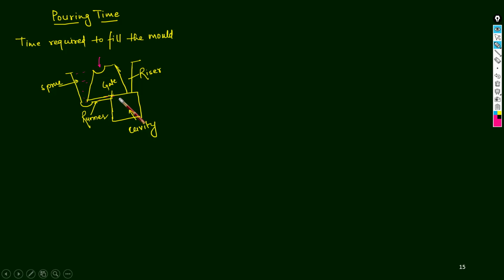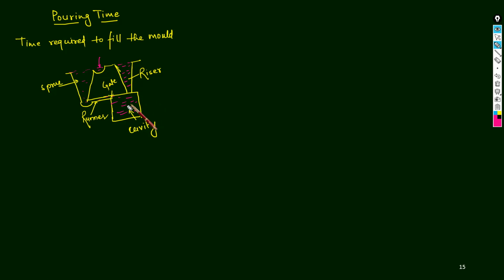So this will be filled, and also at the same time this will be filled. When this and this are completely filled, then we can say that mold is completely filled.